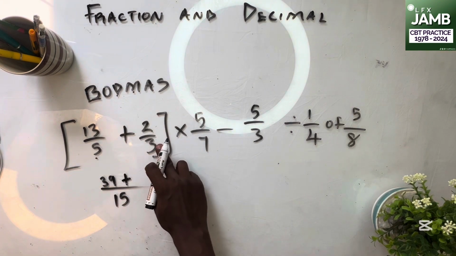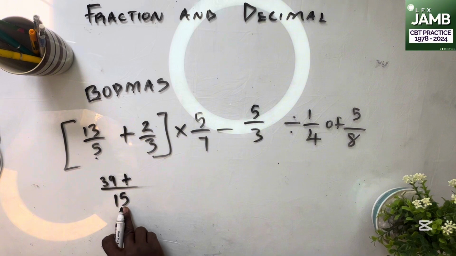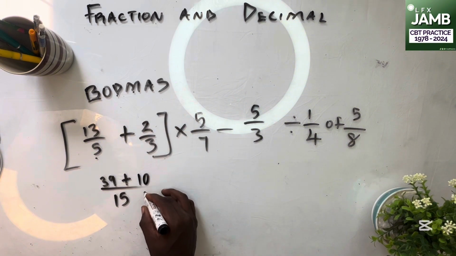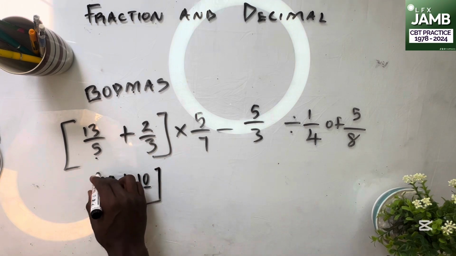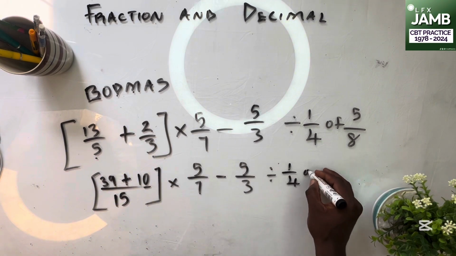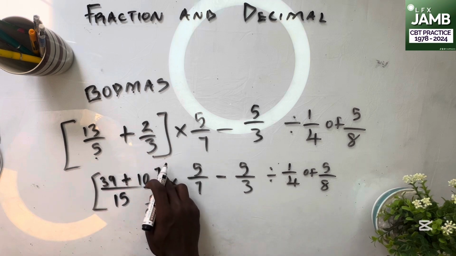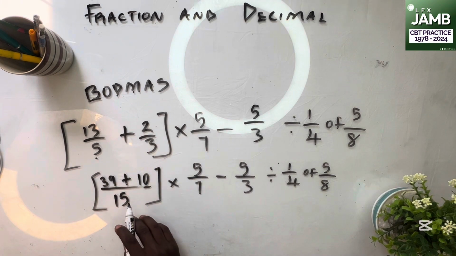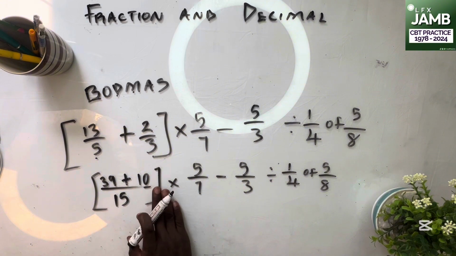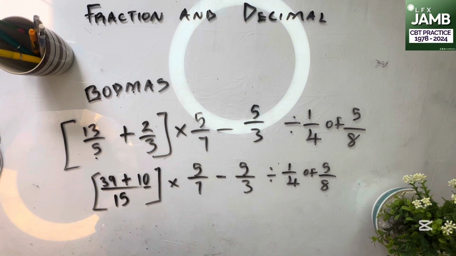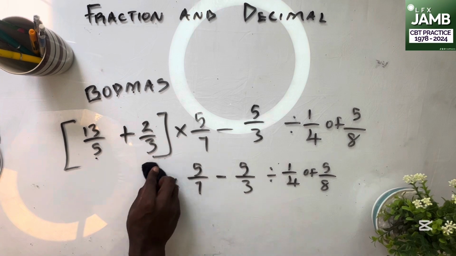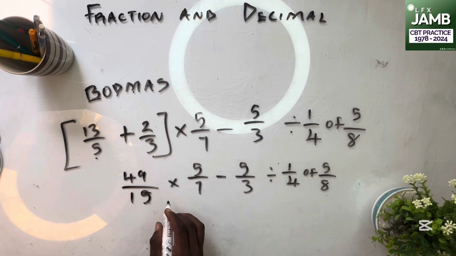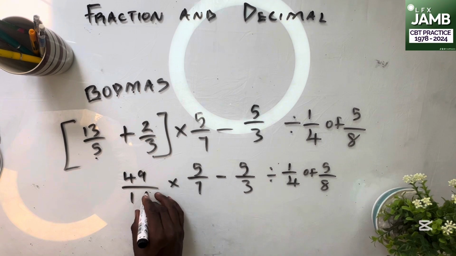Plus 3 in 15 is 5, and 5 times 2 is 10. So here simplified will be 39 plus 10, which is 49 over 15. And the bracket disappears. We have resolved the bracket.